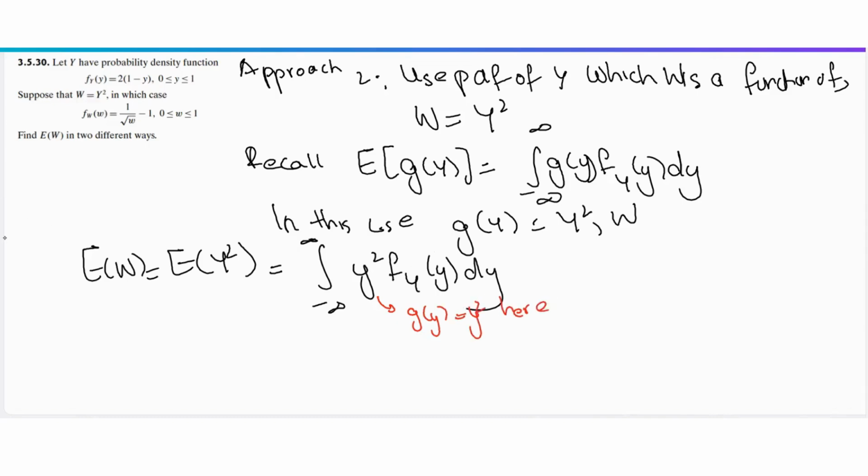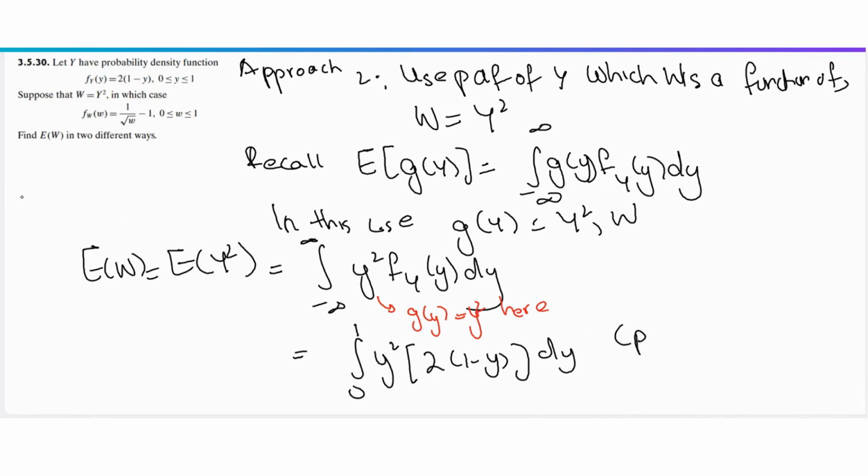Now we can rewrite this integral. In general, the integral is from minus infinity to infinity, but we can write it over those values where the PDF is non-zero. So we have y squared and the PDF of y, which is 2(1 minus y) dy. This is because the PDF of y is only non-zero from 0 to 1.